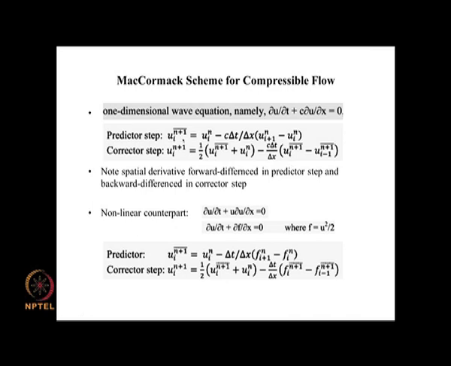The other thing is that we evaluate all the values of i in this 1D case, all the i values at n plus 1 bar, and then use those values here in order to evaluate the corrector step. So, this is the old value, this is a new value at i, and these are the provisional values of u at n plus 1 bar at i and i minus 1.